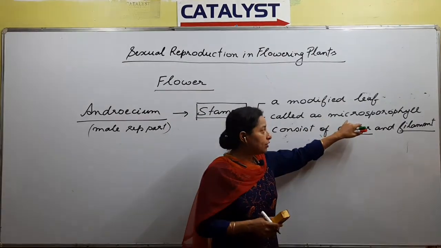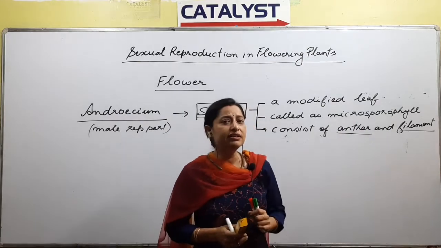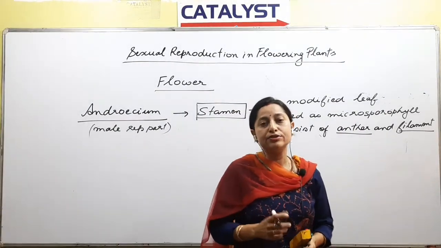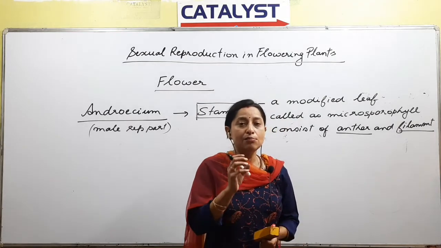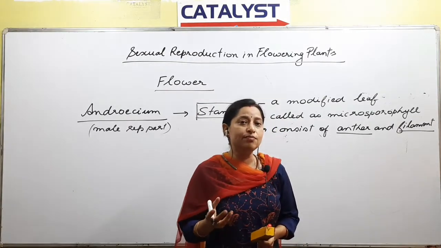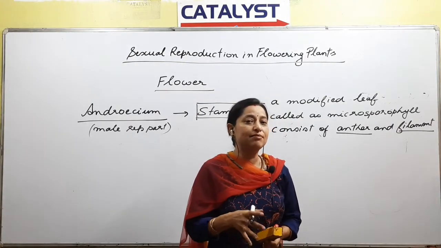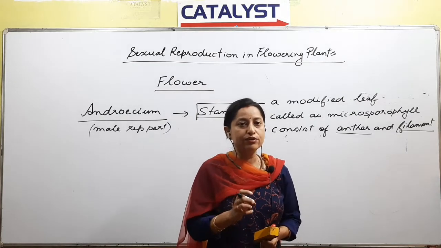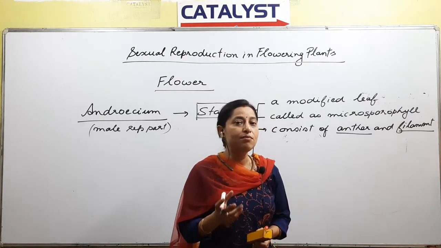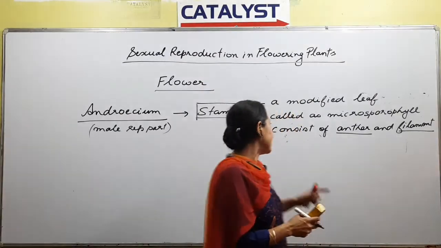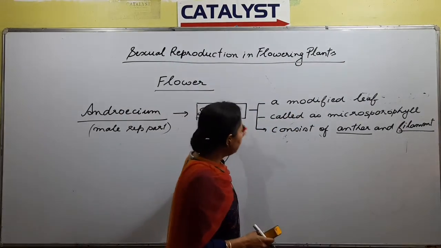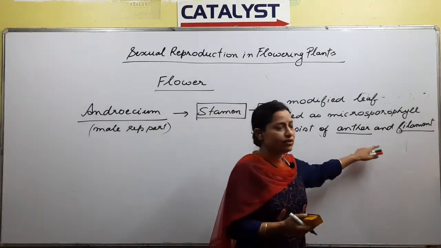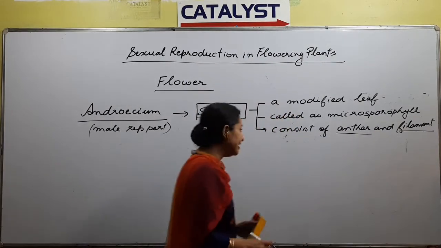I think you have heard the word microspores, no? Microspores means pollen grains. So the modified leaf that bears microspores, what do we call it? Microsporophyll. And what exactly are we talking about? We are talking about the stamen. Next, talking about the parts of a stamen, everyone knows about it.